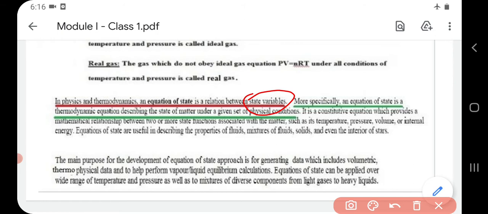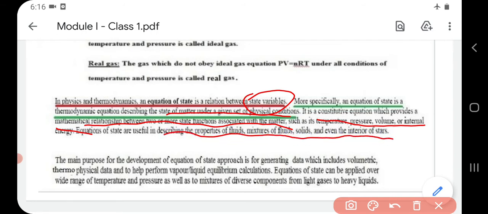Equation of state is a thermodynamic equation that describes the state of matter under a given set of physical conditions. It also gives us the relationship between the state functions associated with the matter, like temperature, pressure, volume, or internal energy. They are also useful in describing the properties of fluids, mixtures of fluids, solids, and even the interior of stars.